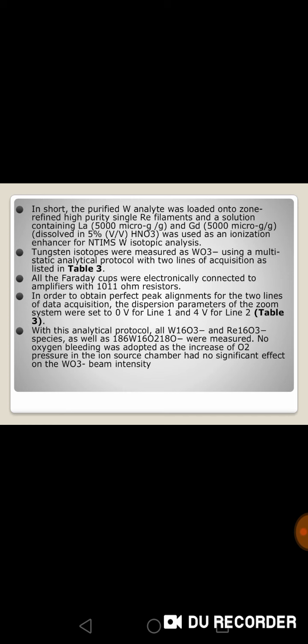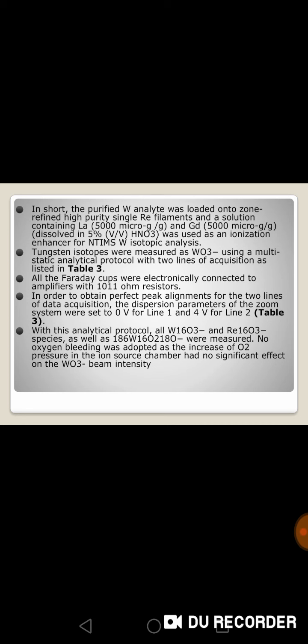So tungsten isotopes were measured as their oxides using a multi-static analytical protocol with 2 lines of acquisition, as listed in Table 3. All the Faraday cups were electronically connected to amplifiers with 10^11 ohm resistance, which is quite high.